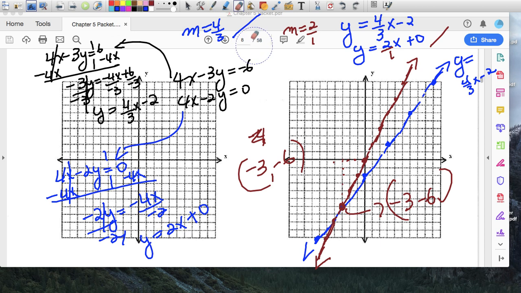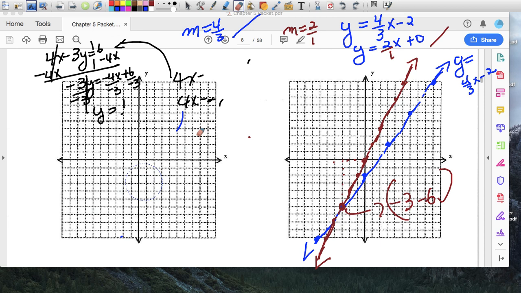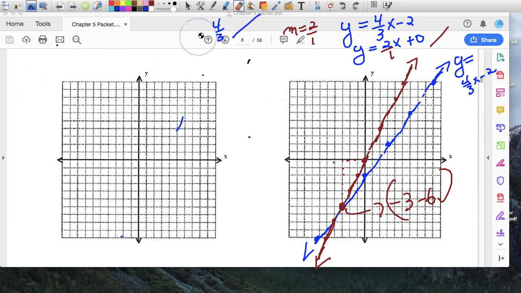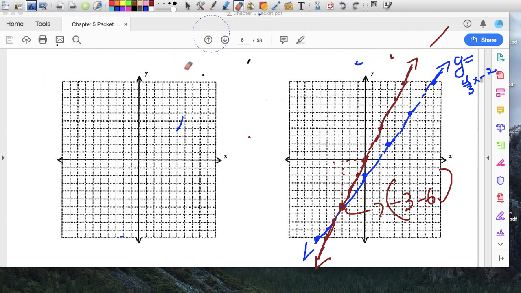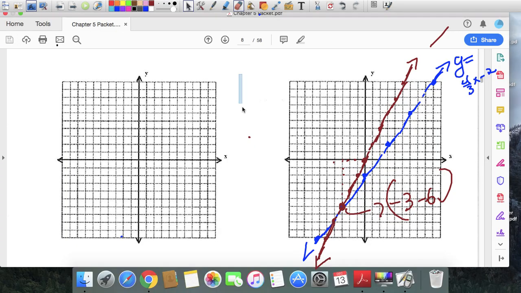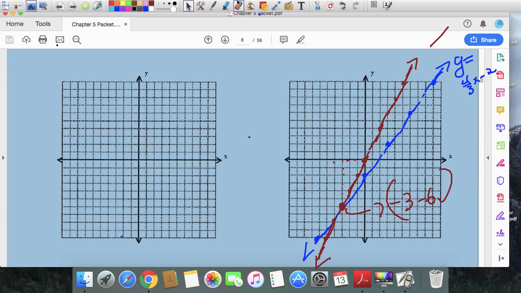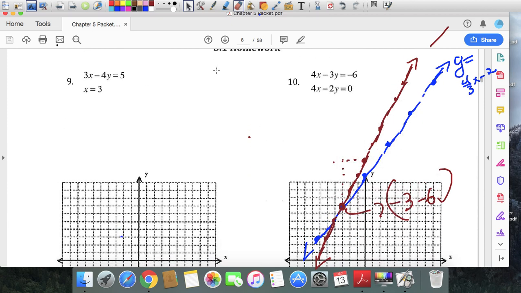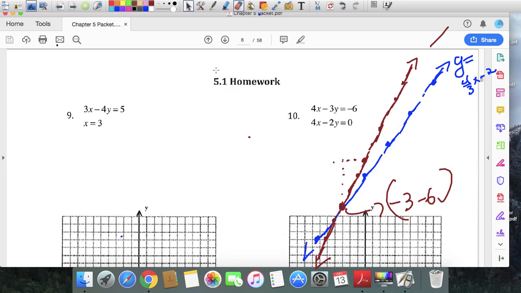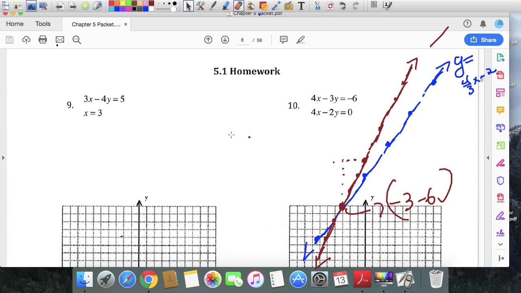And let's just double check. If I were to take that point, -3 and -6, and substitute it in the equation, I would get my answer. Here is something you might want to consider: you don't have to use the original equation.